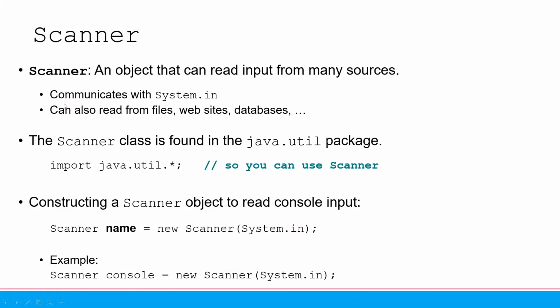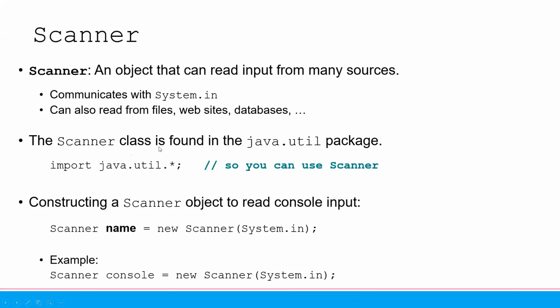There is one way to communicate with the Scanner. We can use System.in. That's why you can see here System.in. We can also read from files. We can read from a website. We can read from a database.